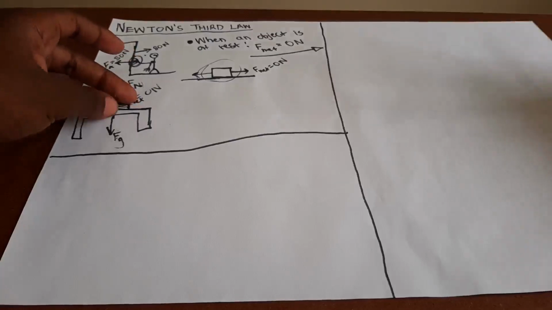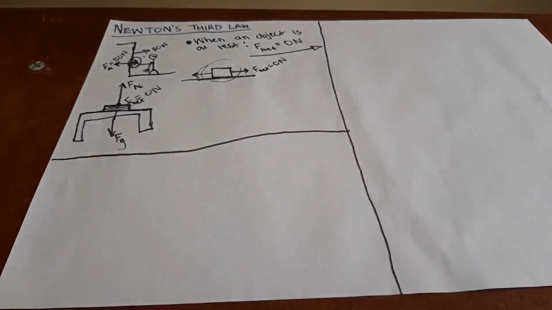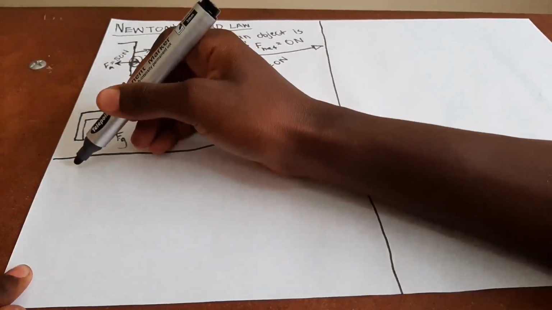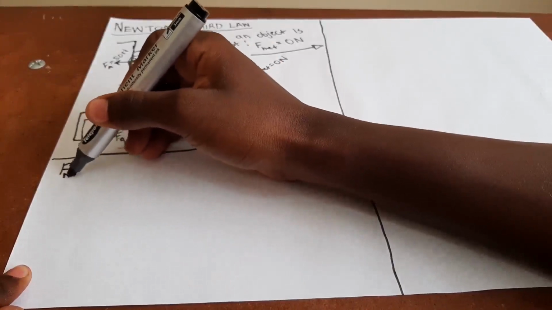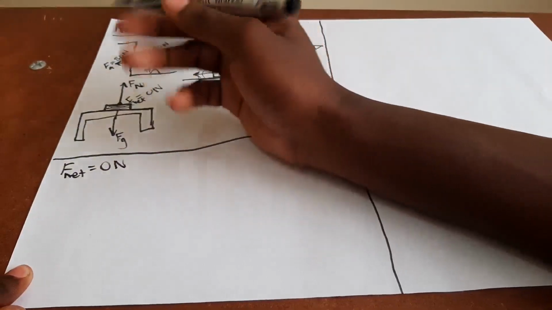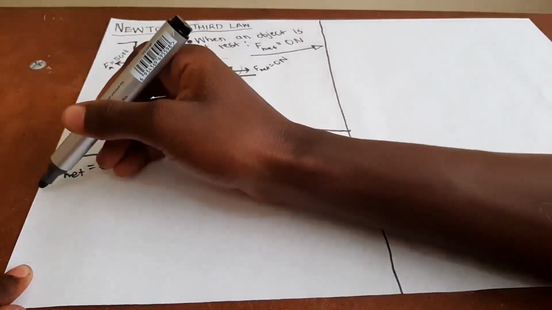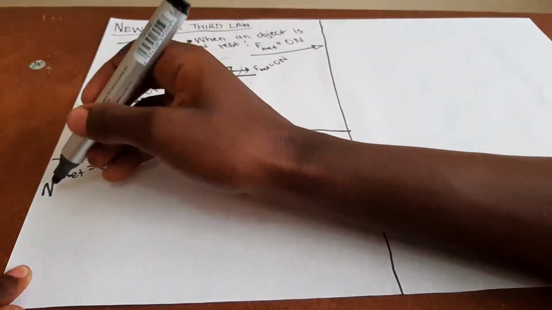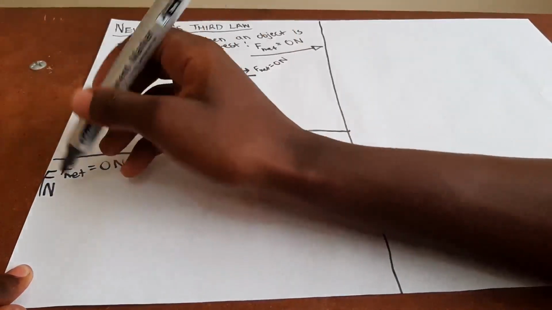So the net force is equal to 0 N in that situation. The net force incorporates your normal force, let me just write F. This is Fn, guys.